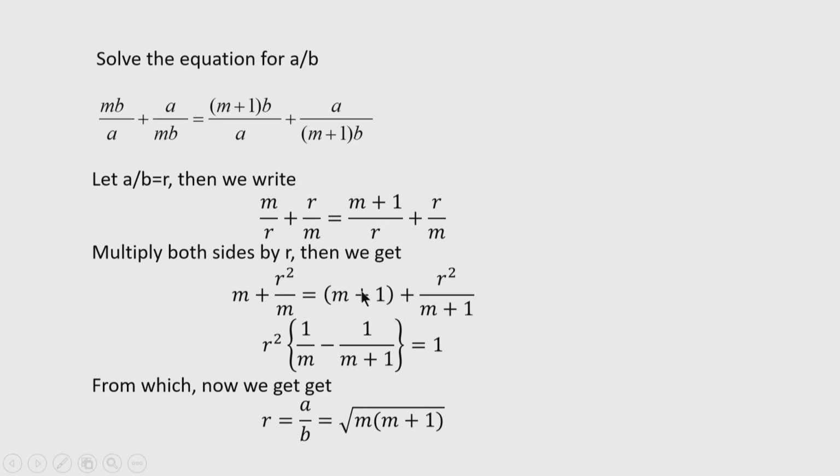Now, we want to solve for this r. How is r solved? This is a very simple equation, from which r square is taken out and 1/m minus 1/(m plus 1) equal to 1, from which we get r. R is the aspect ratio a/b equal to root over m into (m plus 1). So, this is the value of aspect ratio, which may be non-integer also, corresponding to m.